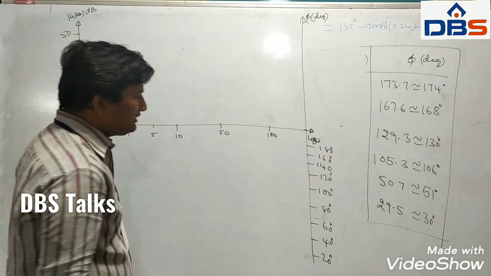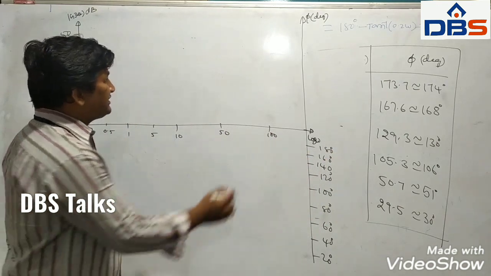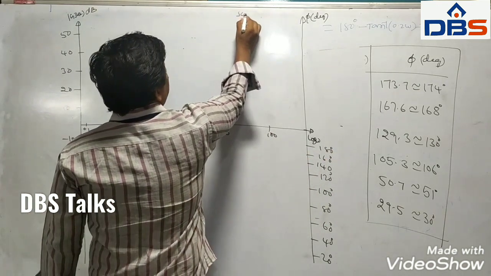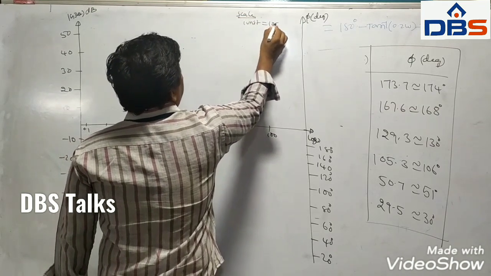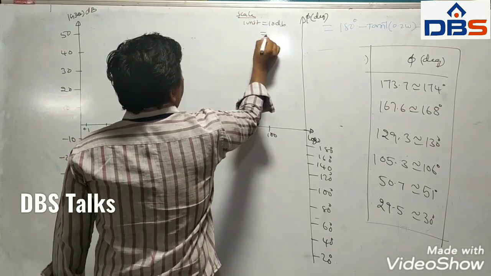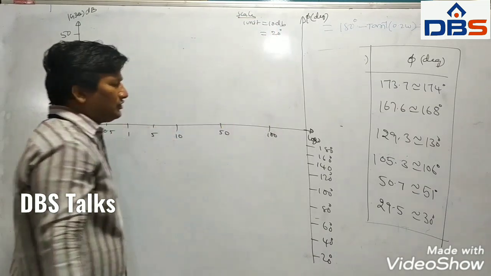So the scale here is 1 unit equal to 10 dB and also 1 unit equal to 20 degrees.